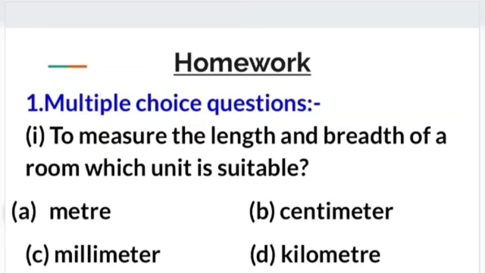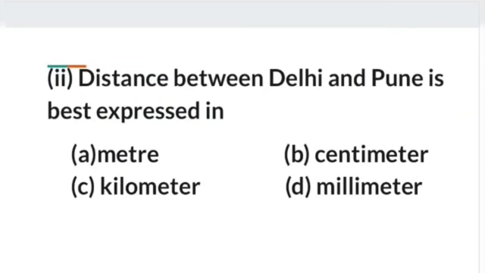You have to select any one option. Second part is distance between Delhi and Pune is best expressed in. Options are meter, centimeter, kilometer and last option is millimeter.